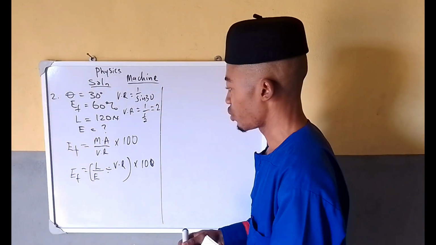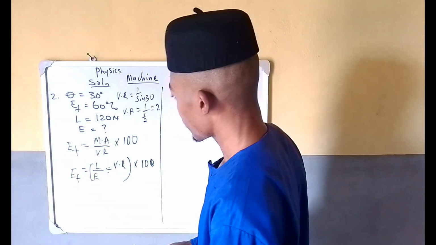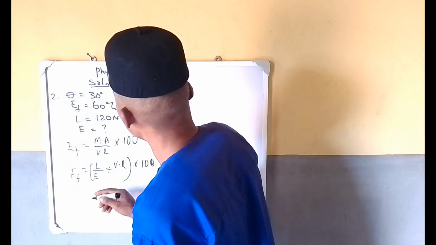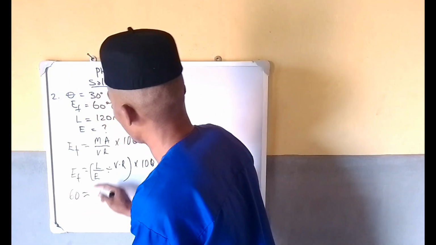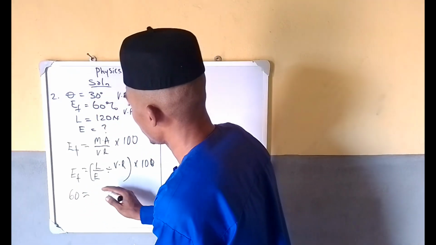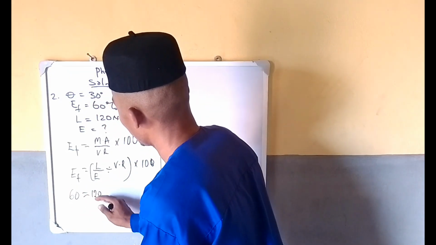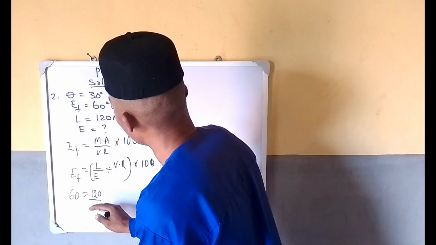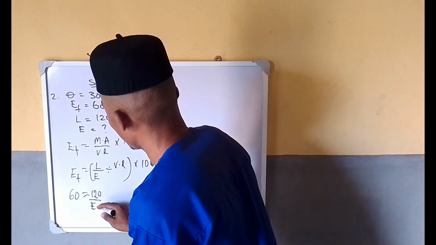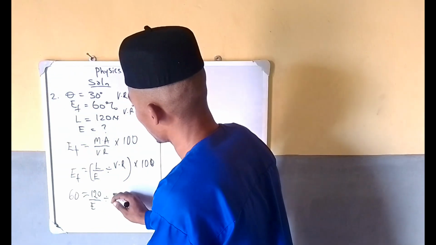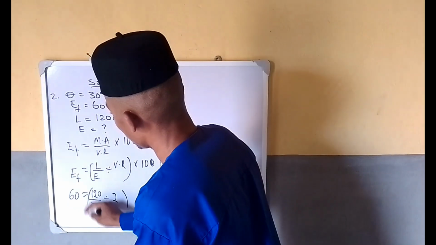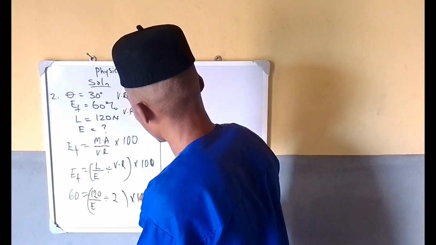Let's begin to substitute. We have our efficiency to be 60% equal to, what is the load? The load is 120, divided by E, the unknown effort, divided by velocity ratio, which is 2, multiplied by 100.